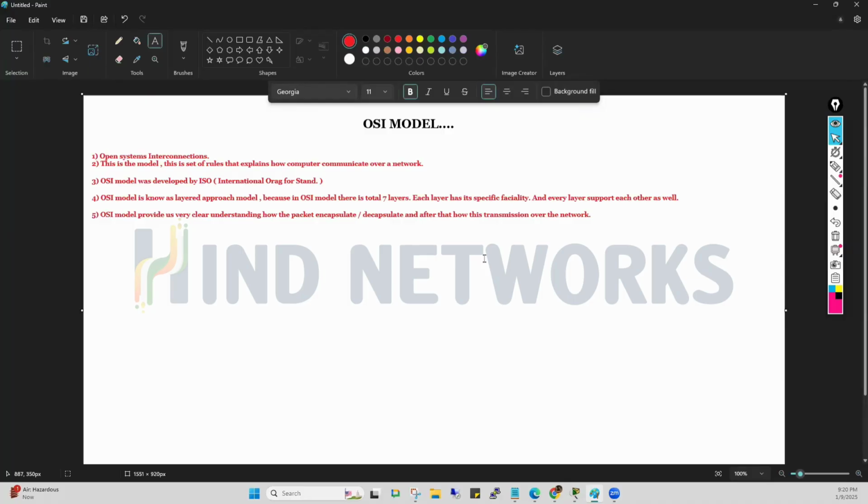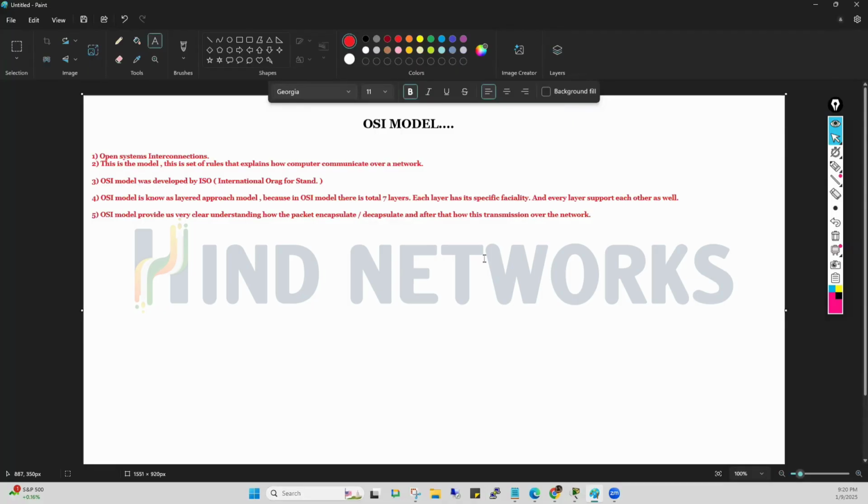Point number three: the OSI model was developed by ISO, which stands for International Organization for Standardization. Clear? And point number four is that the OSI model is known as a layered approach model. Basically, it means there are layers in the OSI model. In total, 7 layers, so that's the reason it is called a layered approach model.